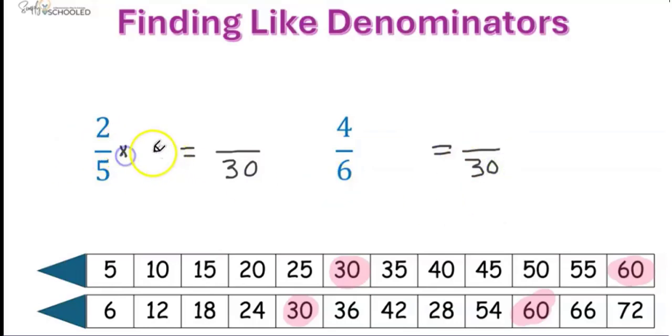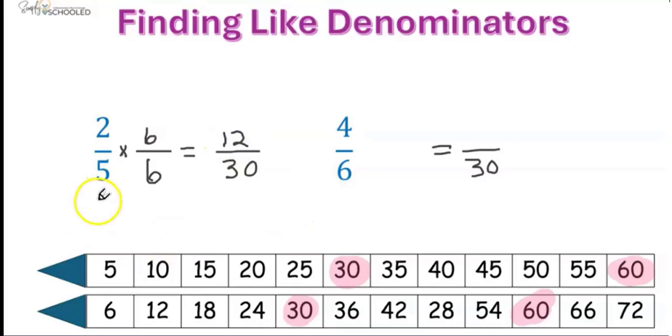So let's start with 2/5. To figure out what we're going to multiply the numerator and denominator by, we can just look at the denominators. 5 times what equals 30? And if you don't know, you can say, well, there's 5, 10, 15, 20, 25, 30. That's 6 fives. So 5 times 6 equals 30. So I have to multiply the numerator by 6, which gives me 12.